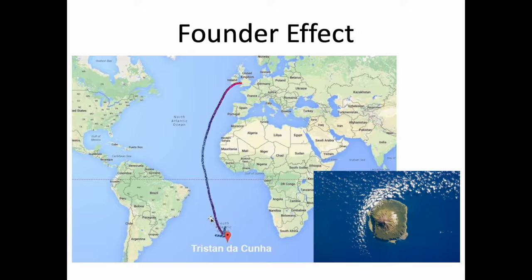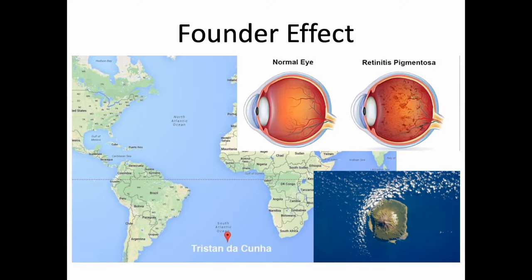It turns out that among those founders, there was a high proportion of an allele that leads to something called retinitis pigmentosa. This is a progressive form of blindness that afflicts homozygous individuals. Because it's not present in heterozygous individuals, they didn't notice this on everyone coming down here.